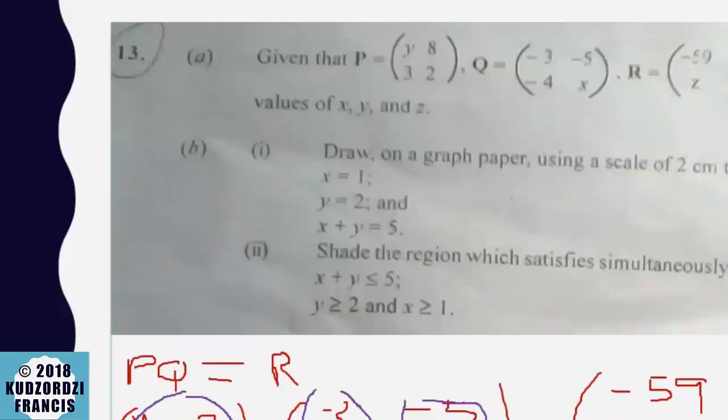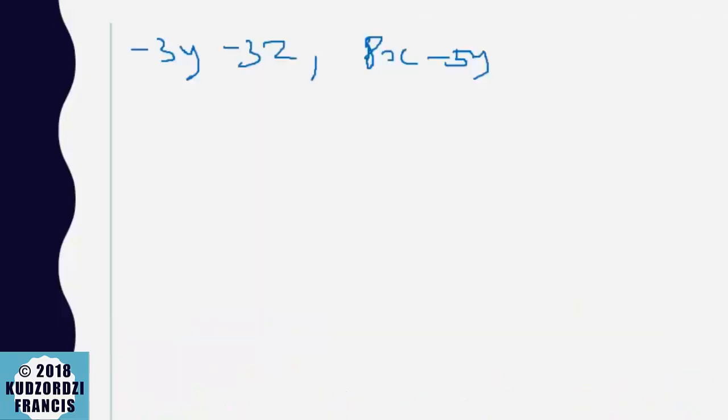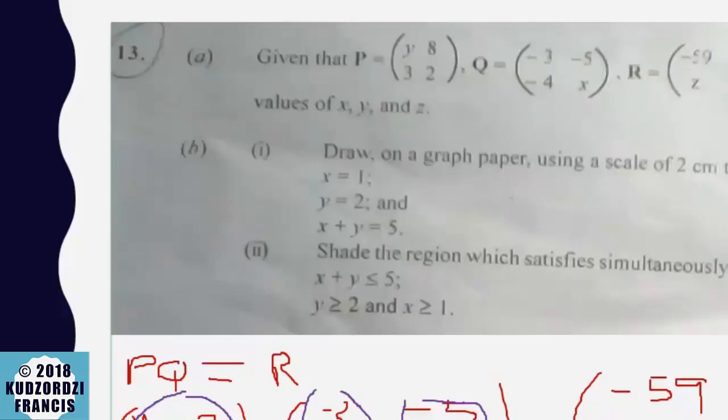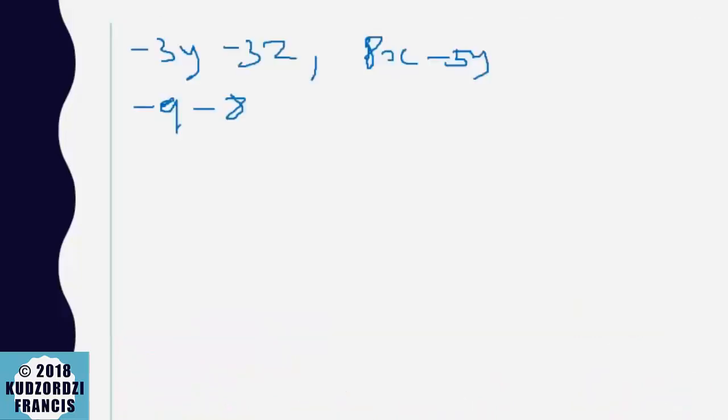Then simplifying this one, it will give us negative 9 minus 8. The last one over here, when we simplify, gives us 2x minus 15.